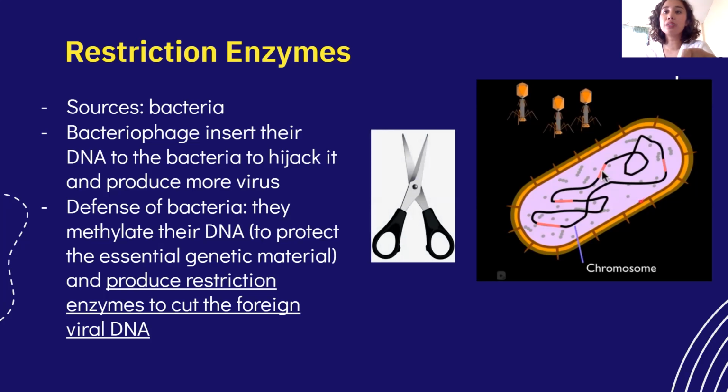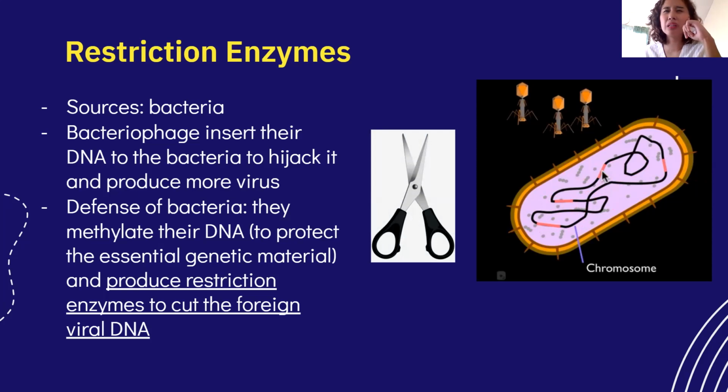And this bacteria will cut off all the foreign DNA. So, yung mga methylated portions lang ng chromosome, yun yung maproprotektahan. Yung mga non-methylated, which are your foreign or viral bacteriophage DNA, yun ang magugupit ng restriction enzyme.